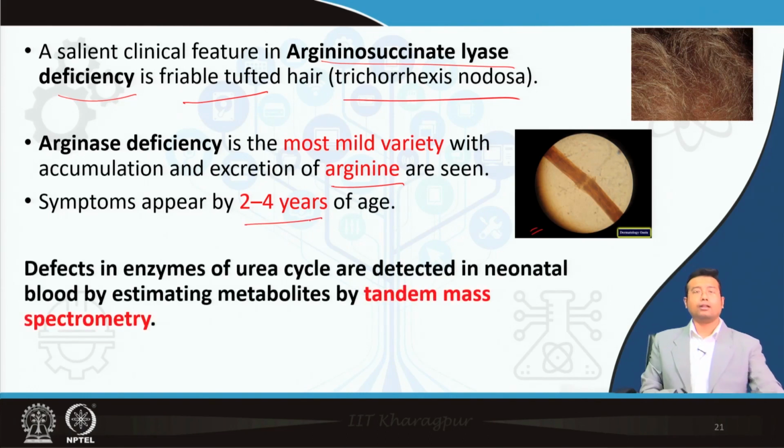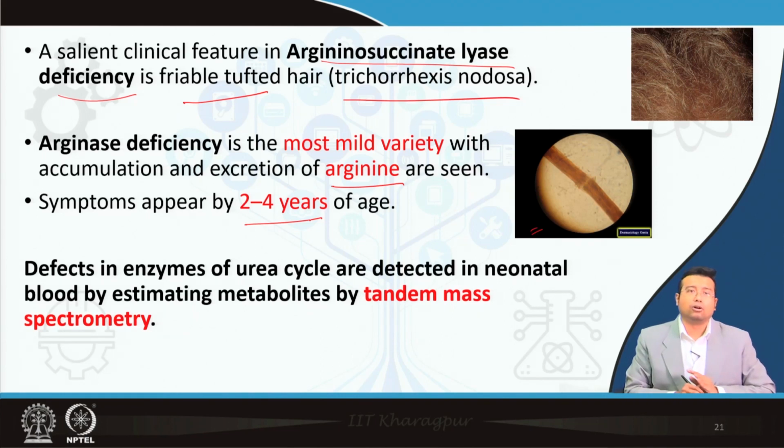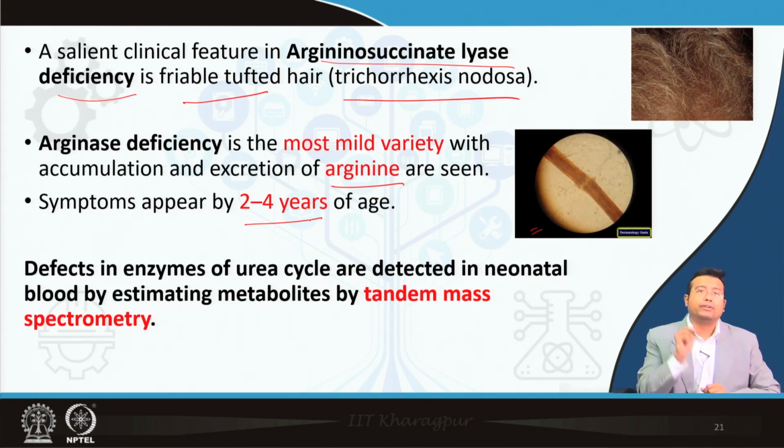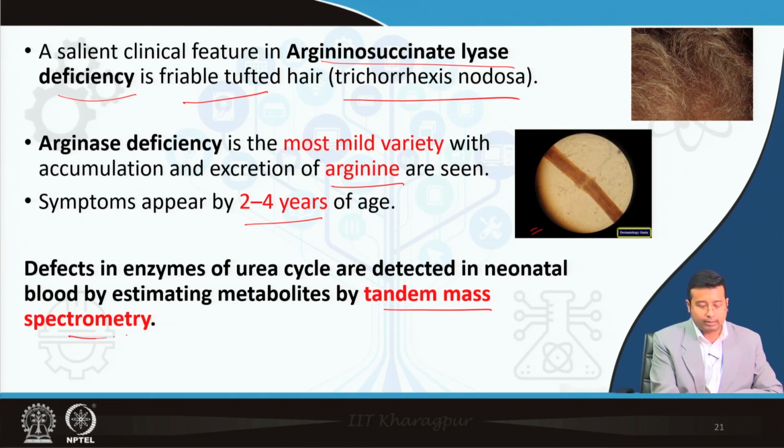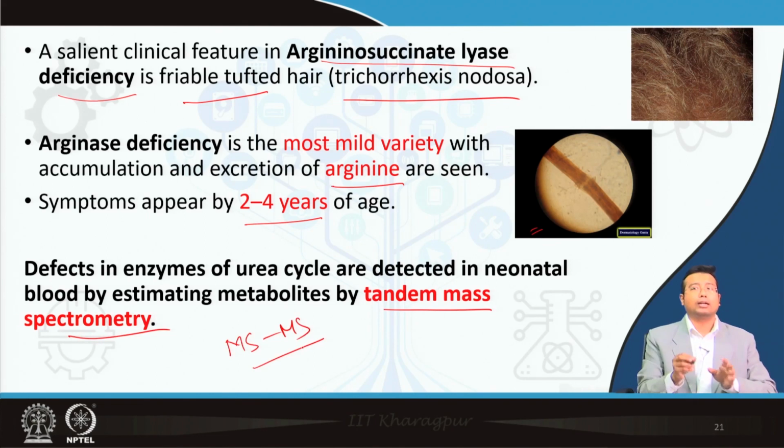So, how do we diagnose these urea cycle disorders? Nowadays, the gold standard of detecting urea cycle disorders is by establishing the metabolites using tandem mass spectrometry, that is, two mass spectrometers coupled together, or MS/MS.